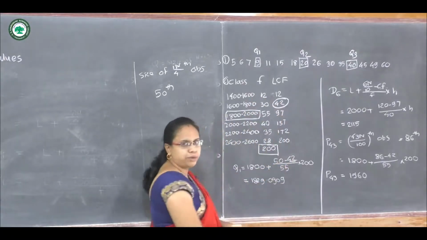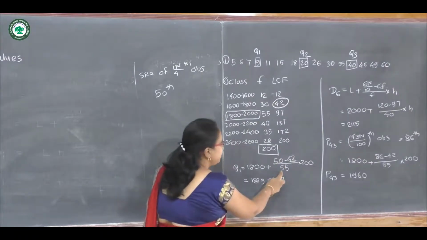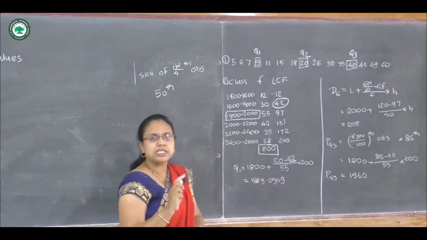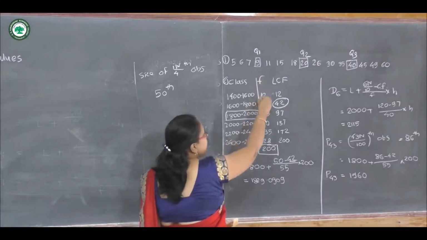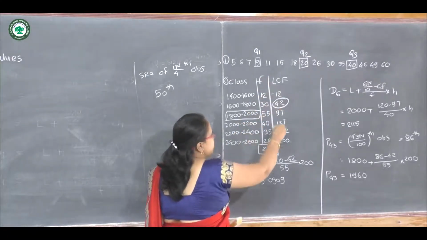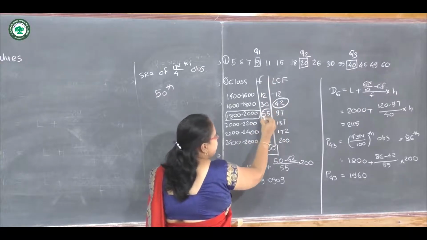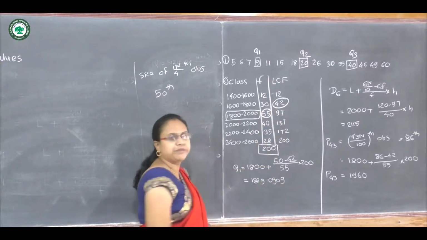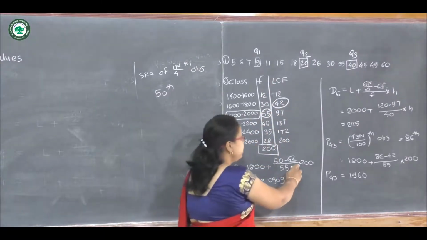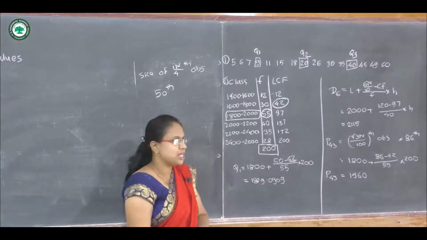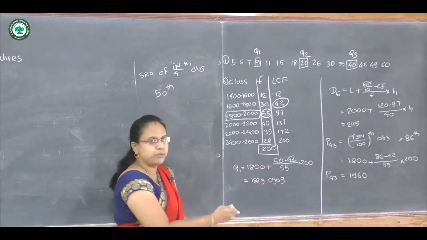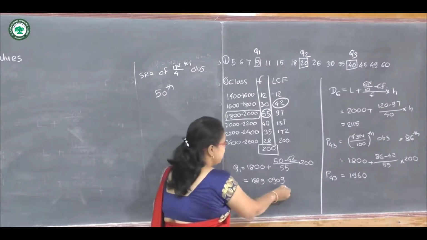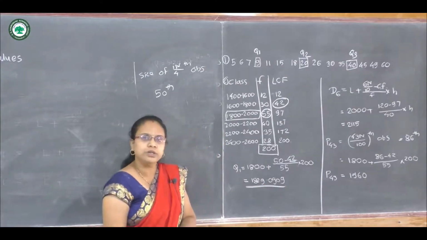In the denominator we write the frequency of the quartile class, from this column, 55, into 200, which is the class width for each class. Then finally we can compute Q1.